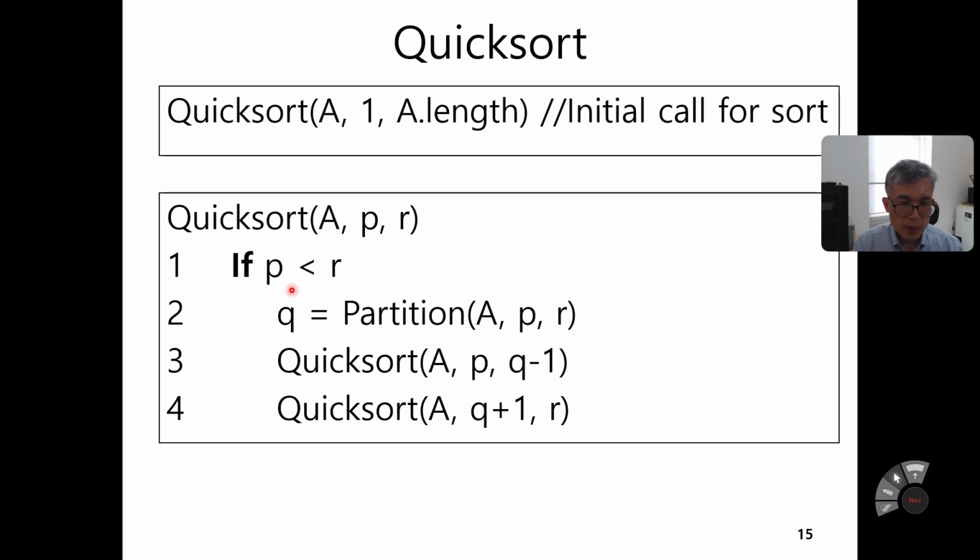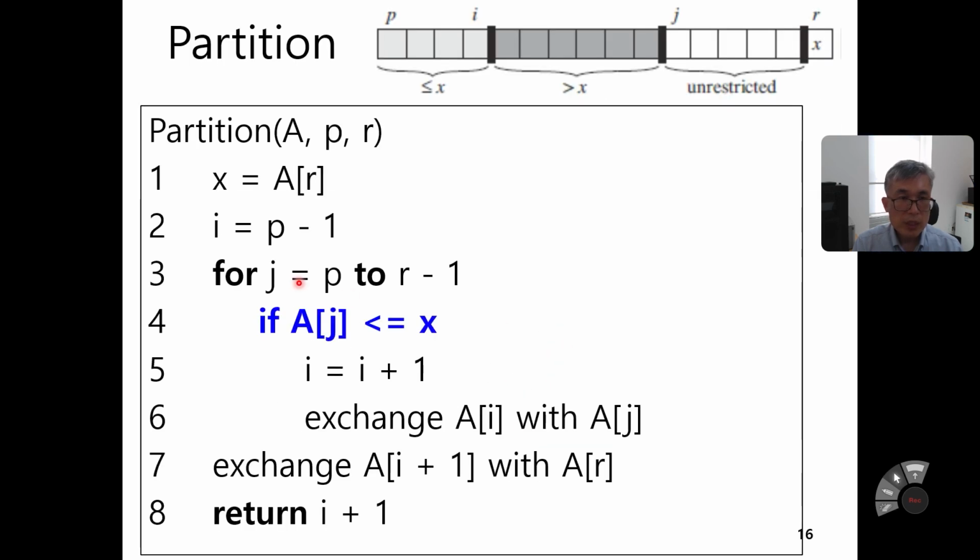As long as the start index is less than the end index, we can perform divide, conquer, and combine. Partition is the divide step, and then we can conquer the subproblems with the left partition and the right partition.